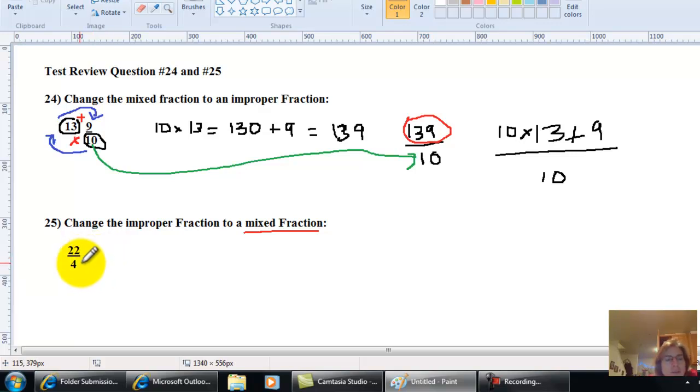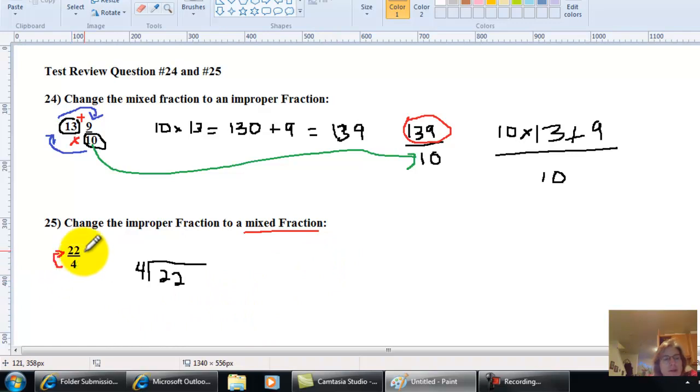Okay, so the process with this is you're dividing 4 into that 22. 4 is the divisor, 22 is the dividend. So you set it up as 4 into the 22. And you have to have a remainder when you're making mixed fractions. You're not going to use decimals.